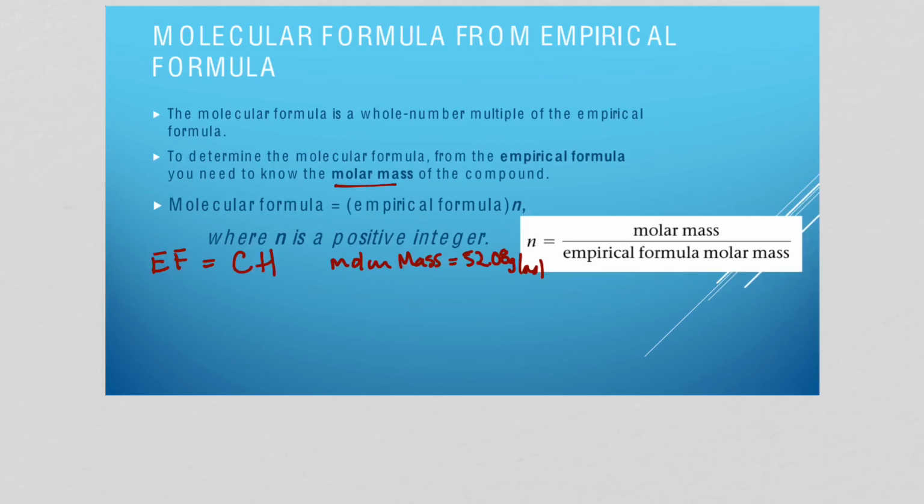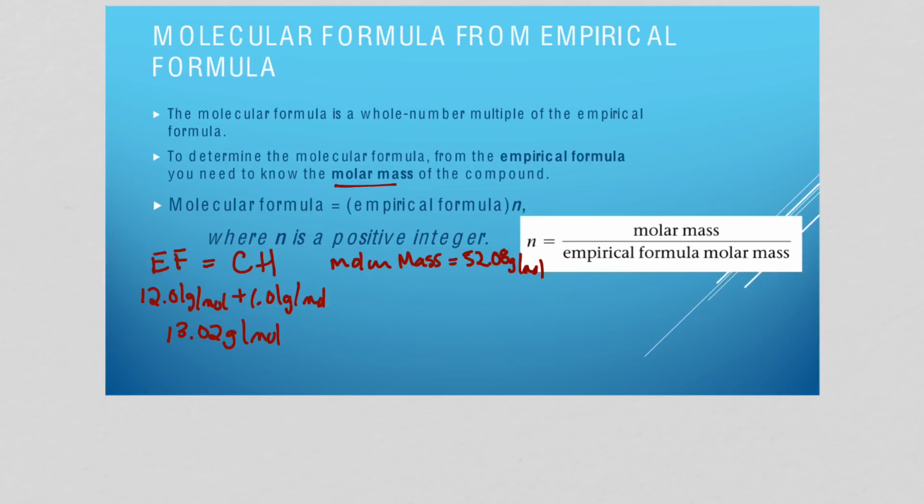The empirical formula molar mass is adding up the elements in the empirical formula. So I have carbon, 12.01 grams per mole, plus 1 hydrogen, 1.01 grams per mole. So the empirical formula mass is 13.02 grams per mole.